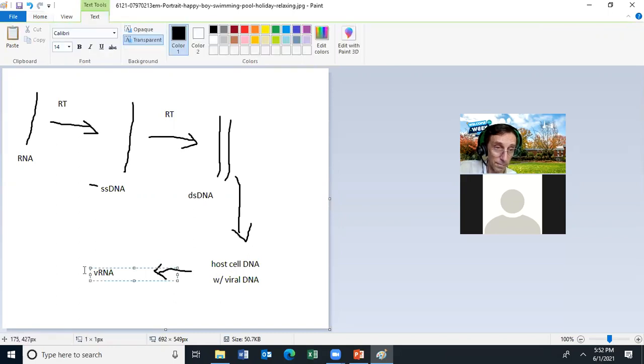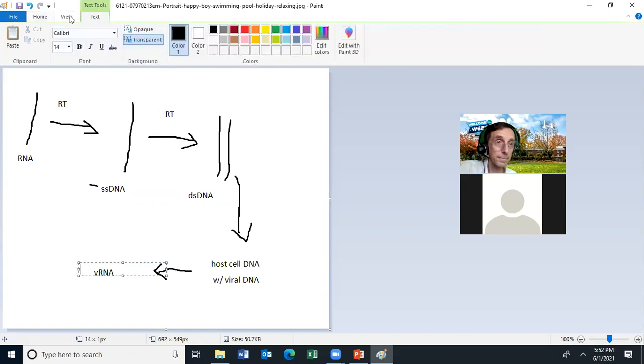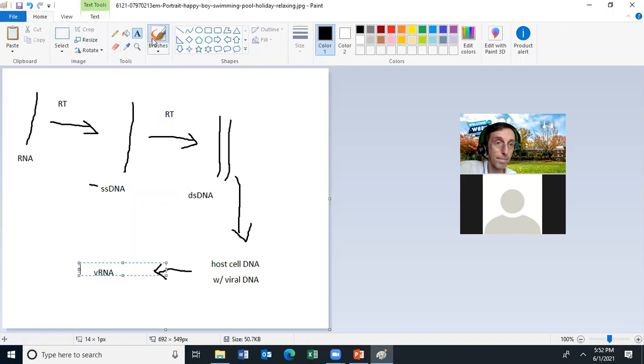And so the virus gets together. Well, I'm skipping a step. We replicate the protein coat, and it gets together with the replicated plus strand or single strand RNA virus to make the new virions.